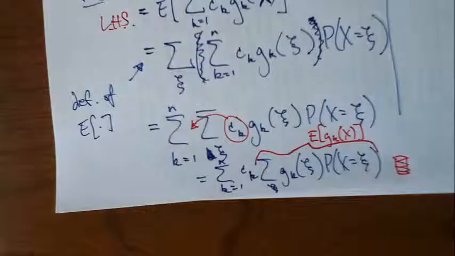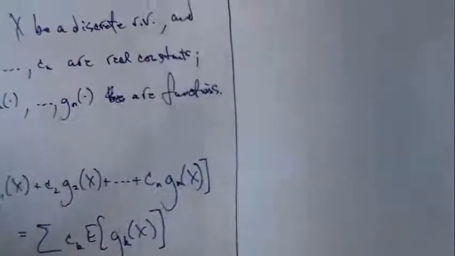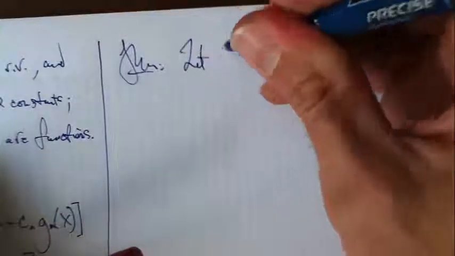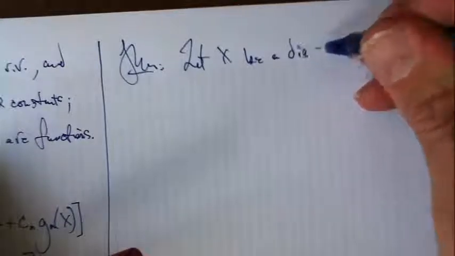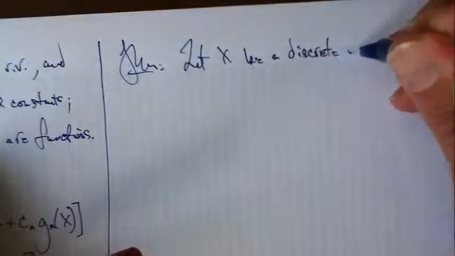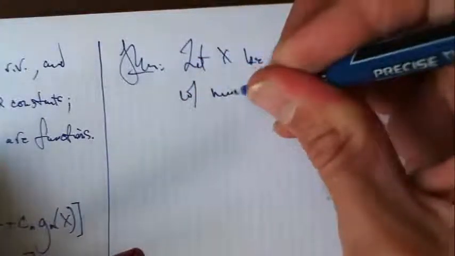Finally, last but not least, I know all this is probably hurting your head, but that's okay. It's supposed to. This is a real useful little theorem. Let x be a discrete random variable with mean, expected value of x is mu.